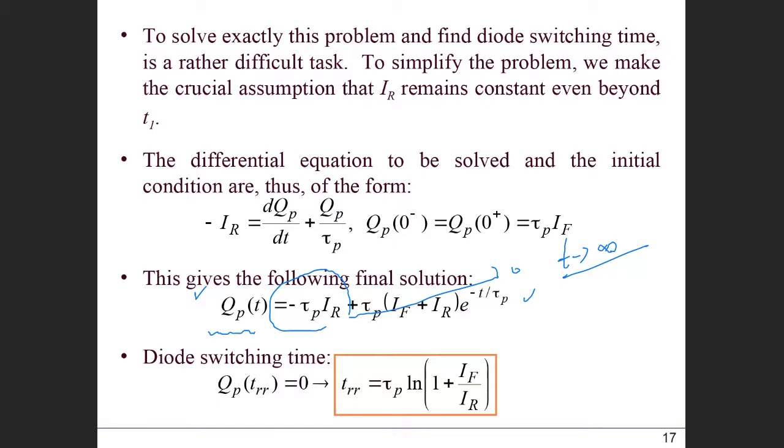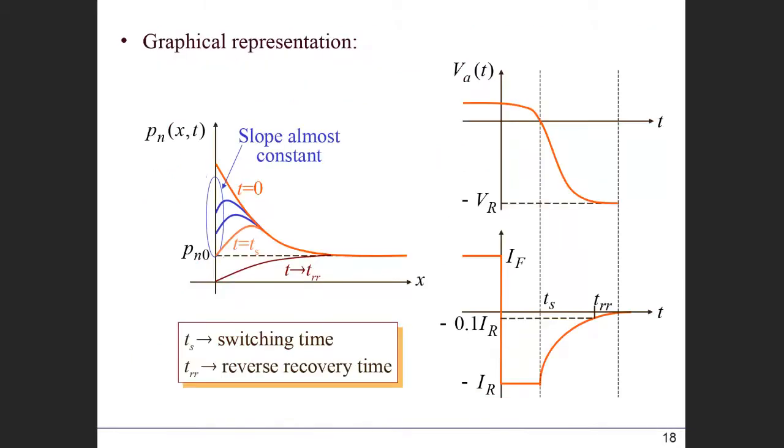If we look at the graph of how the charge changes, we can have this kind of graph in terms of hole concentration. Initially the current flows with IF, right before time equals 0.